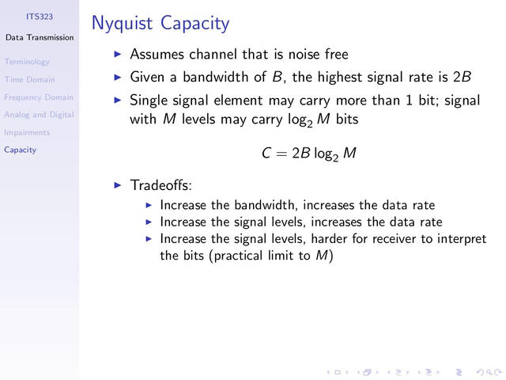So with this scheme, the data rate, 3,000 bits per second. Keeping everything the same, by increasing the number of levels, we increase our data rate.